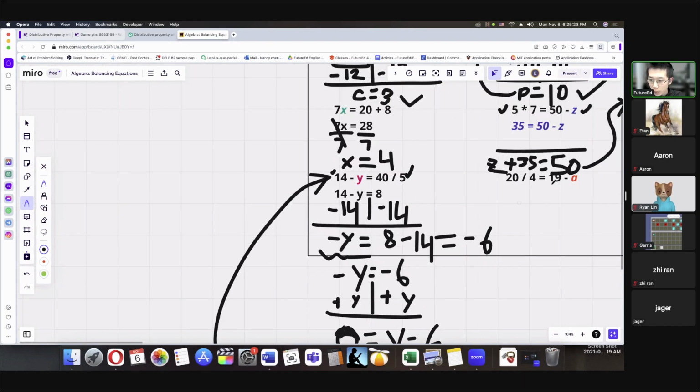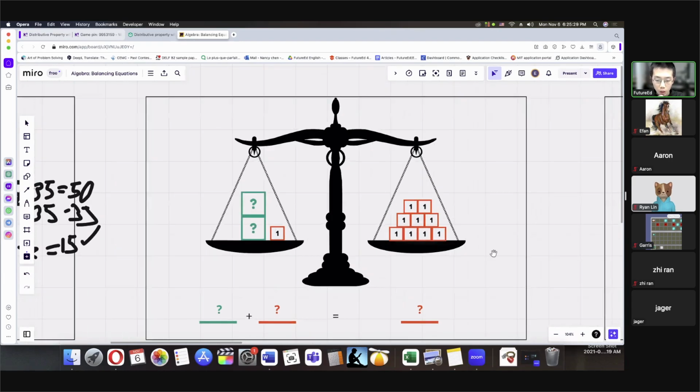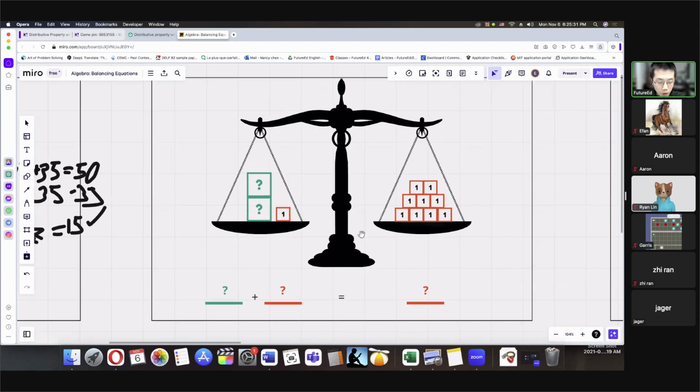All right, I'm gonna skip the sixth question for now, and we're going to move on to some slightly harder equation problems. So over here, I have two unknown blocks on one side of the scale. One block I know weighs 1 gram, and then I have 1, 2, 3, 4, 5, 6, 7, 8, 9 squares, 9 grams.